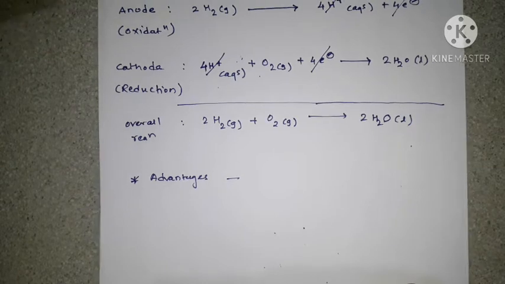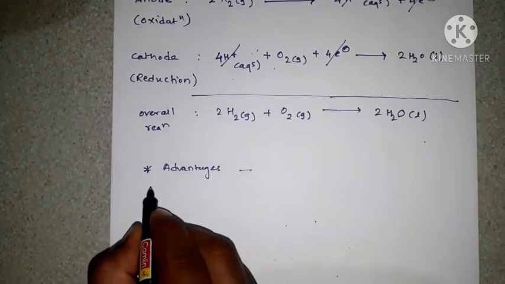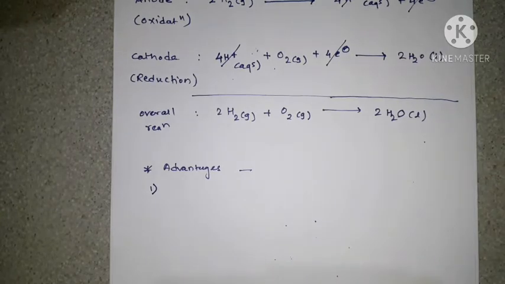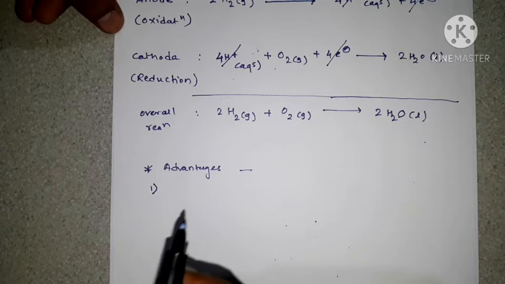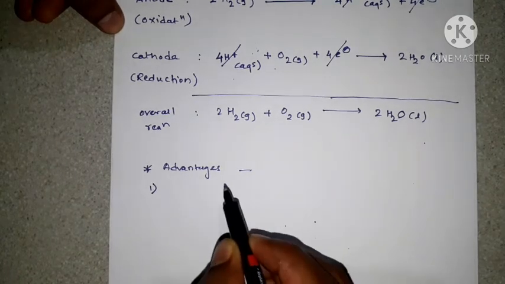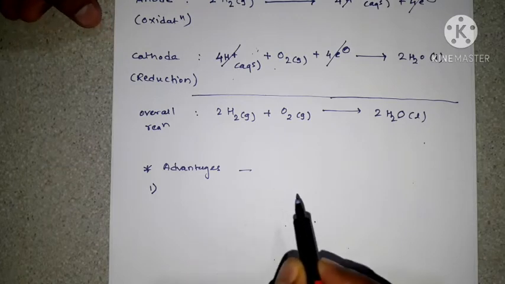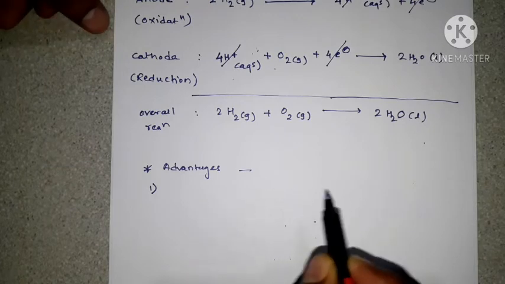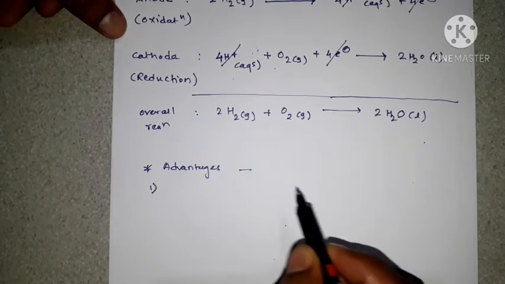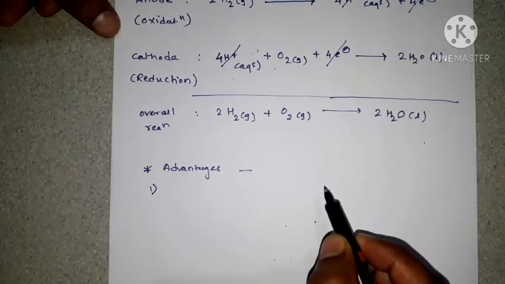Okay, so the first advantage of the phosphoric acid fuel cell is that the temperature of the very concentrated phosphoric acid is raised to 200 degrees Celsius.